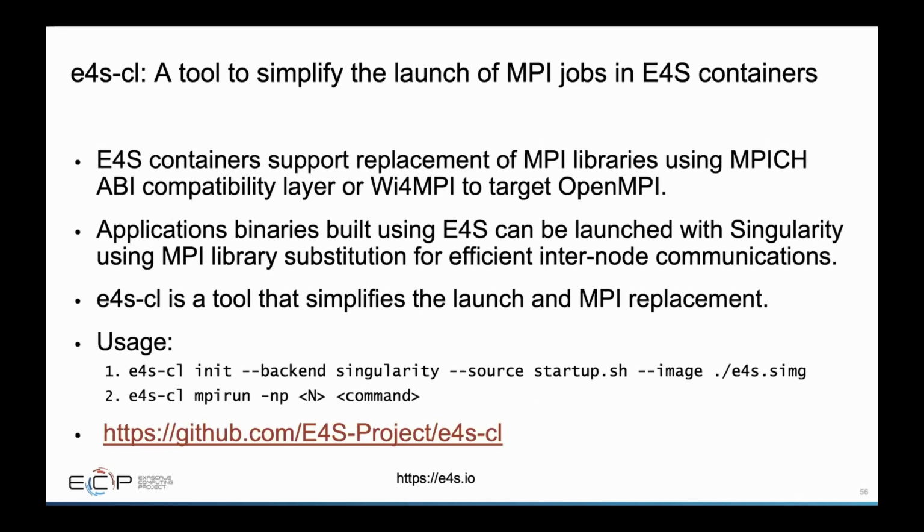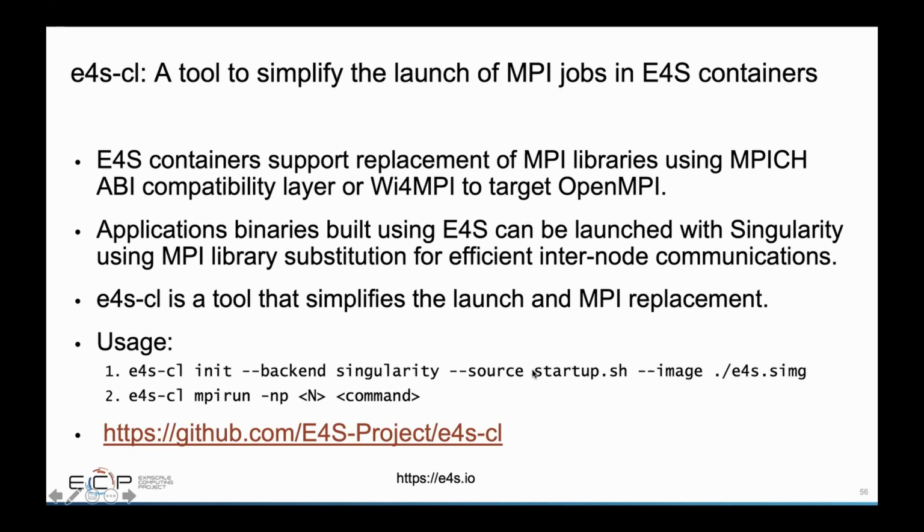And it has a very easy syntax. You just say, initialize it with the backend of Singularity. You give a startup.sh script where you can say that once the container is launched, you should load these packages, like a command such as spack load trilinos or spack load hdf5. And then it will load those commands from the shell script. And then you can specify your image.